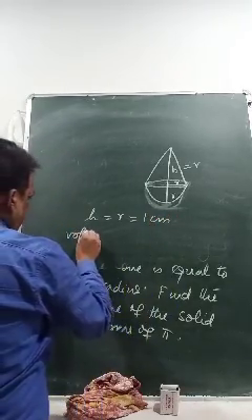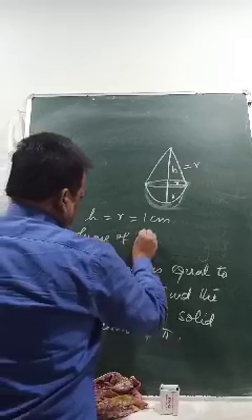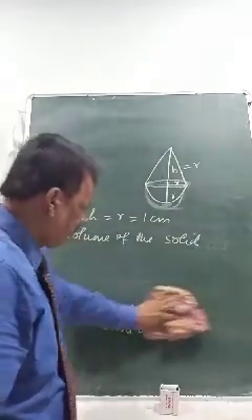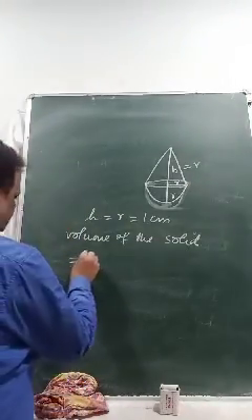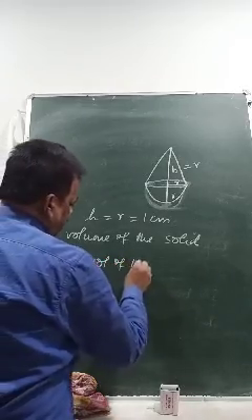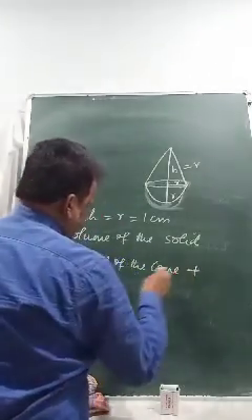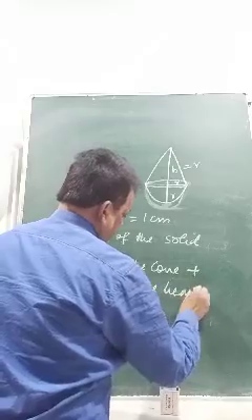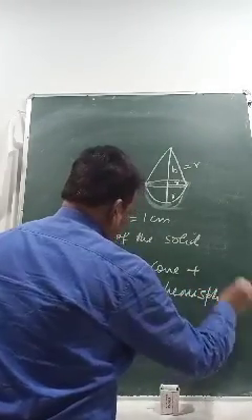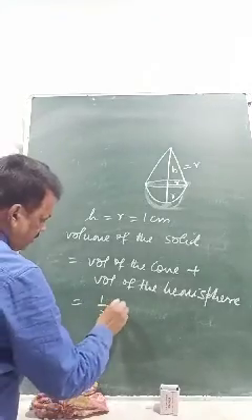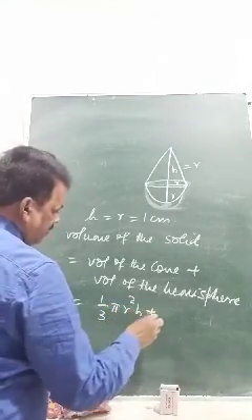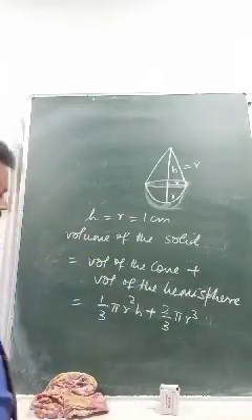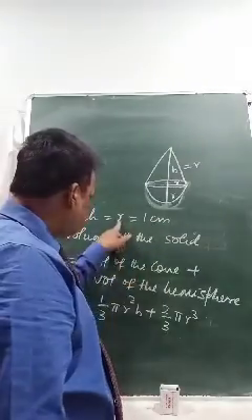So what will be the volume of the solid? Volume of the cone plus volume of the hemisphere. The volume of the cone formula is 1 by 3 pi r square h, plus the volume of the hemisphere is 2 by 3 pi r cube. Now in place of r you write 1, in place of h also 1.